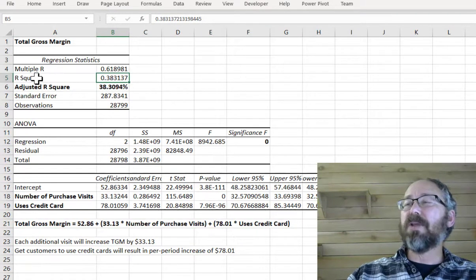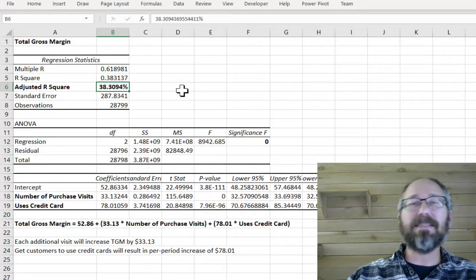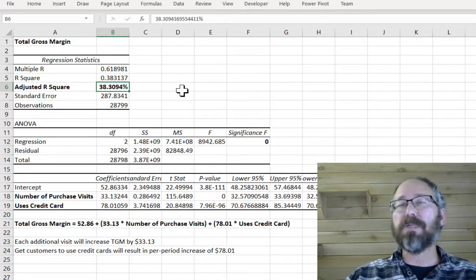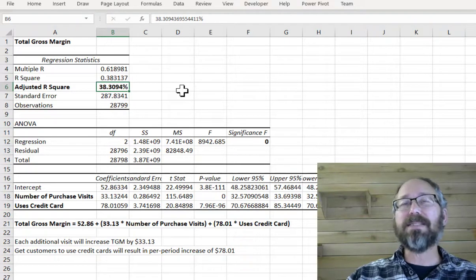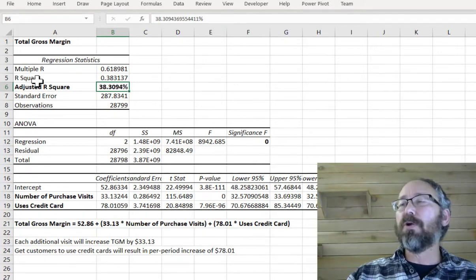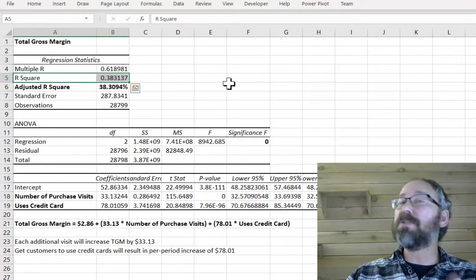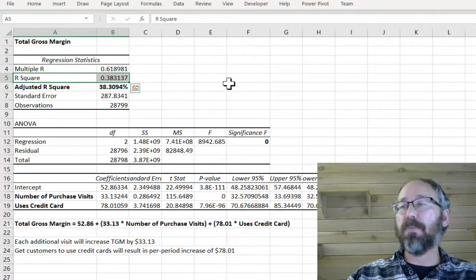Now it's giving us the R square, and what we want to use is the adjusted R square, and I didn't really explain why we're using adjusted R square. The adjusted R square takes into account both the number of observations, but also, and more importantly, the number of predictor variables that we're using. So if you have one predictor variable, you're going to use the R square, which is what's displayed on the scatter plot.